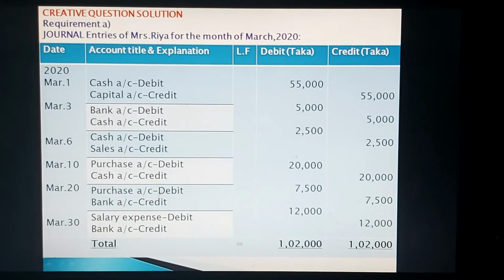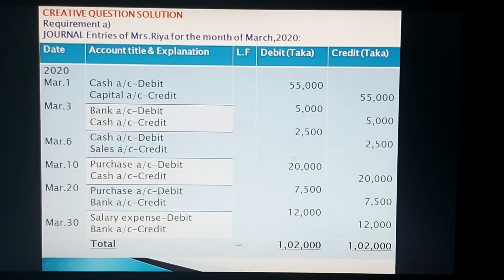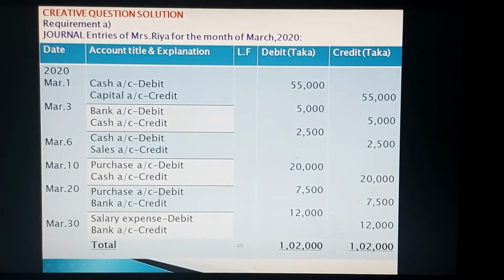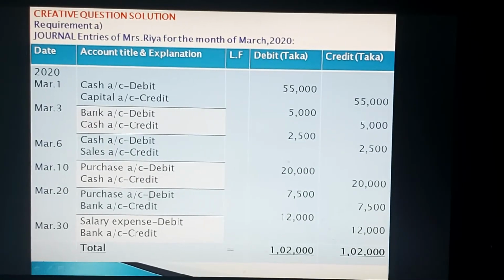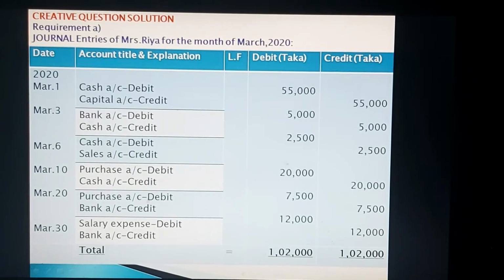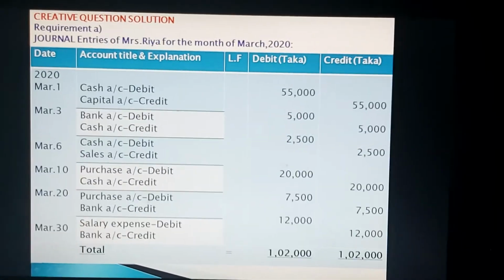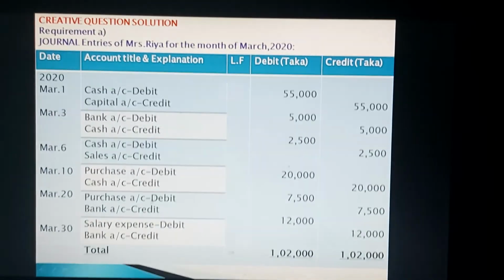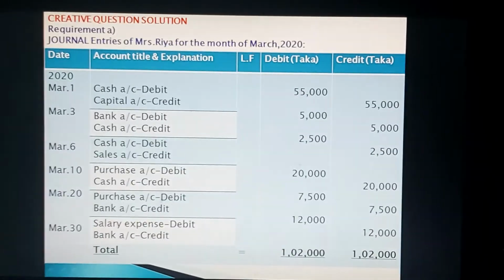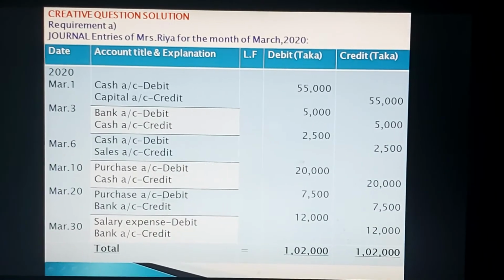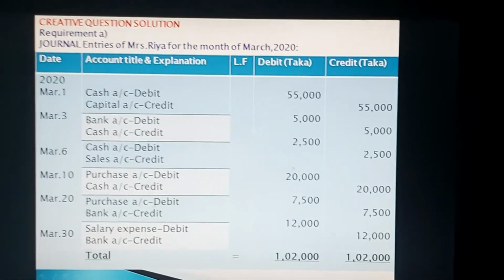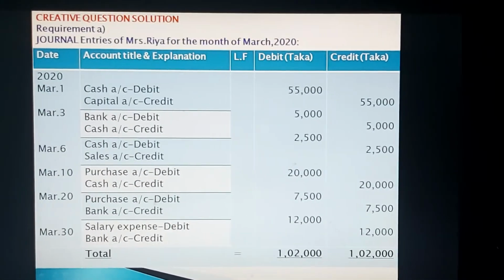March 20 purchase account debit, bank account credit taka 7,500. March 30 salary expense debit, bank account credit 12,000. Okay, totally 3 transactions, but only one transaction is related to bank debit and 2 transactions are related to bank credit. Now you can take these transactions to bank account.